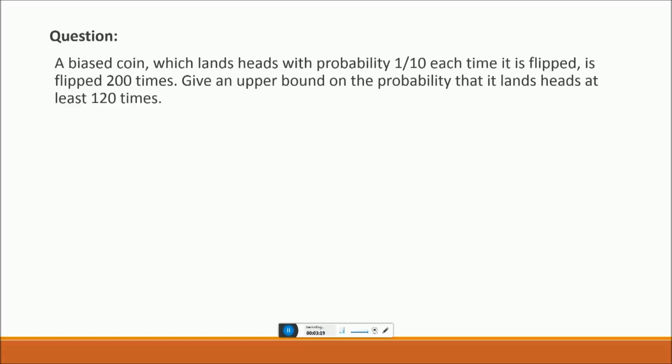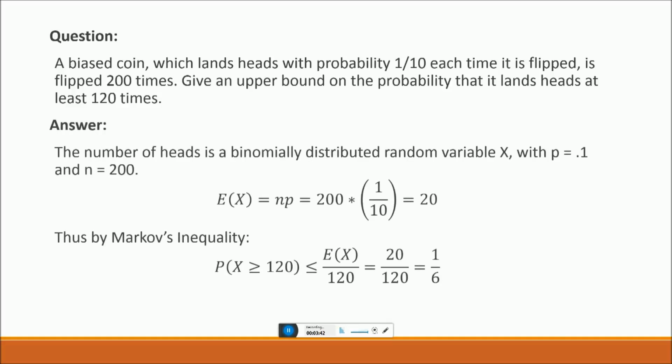This is a pretty straightforward problem. All we need is an x, which we have with our biased coin, and the expectation of x. The expected value of x is np, the number of times we're doing an action times the probability of an outcome. We land on heads with a probability of 1/10, and we're flipping a coin 200 times, so our expected value is 200 times 1/10, which is 20.